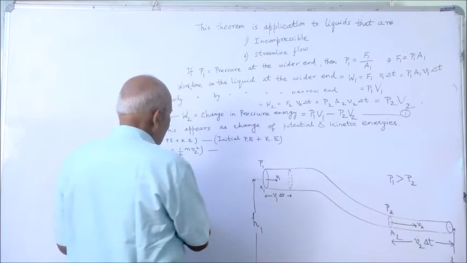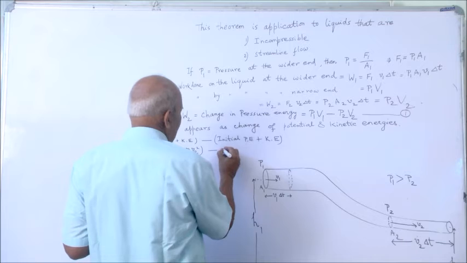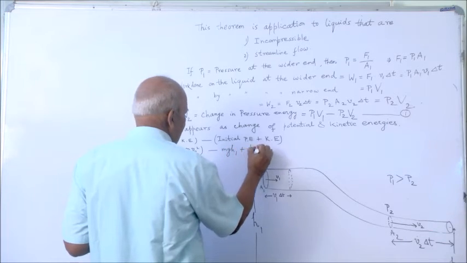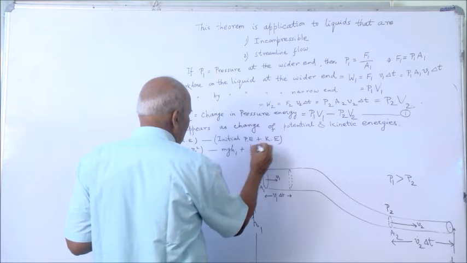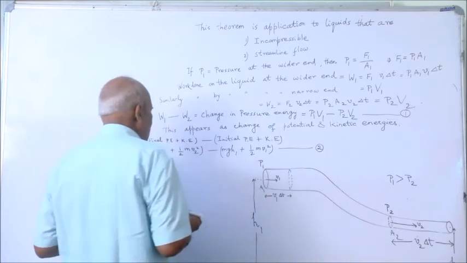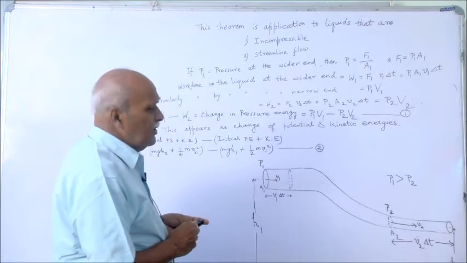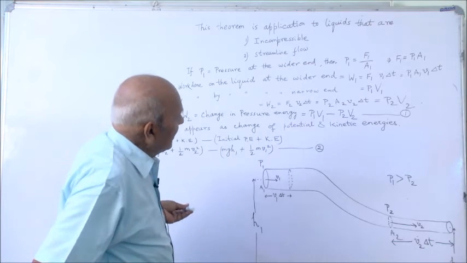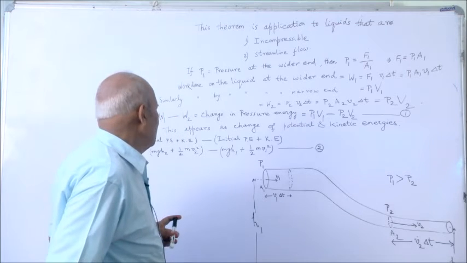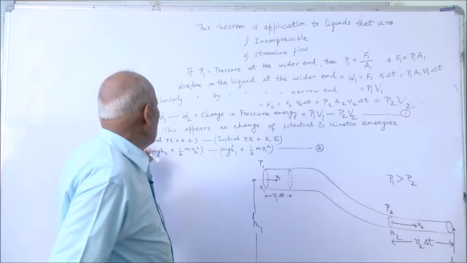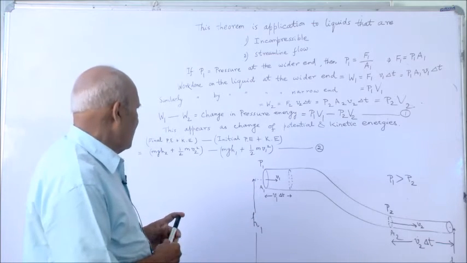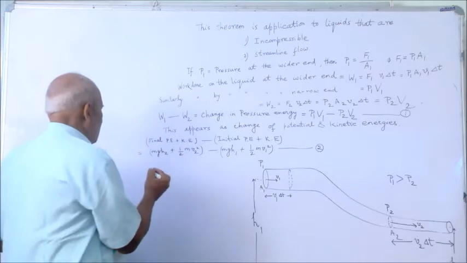So, mgh2 plus half mv2 square, then initial is mgh1 plus half m v1 square, and these two must be equal according to the principle of conservation of energy, because no energy can be destroyed or created. So, the difference of these two pressure energies is equal to the difference of the total of kinetic and potential energies.